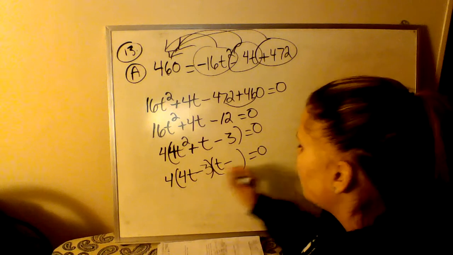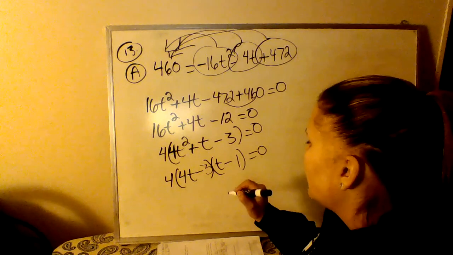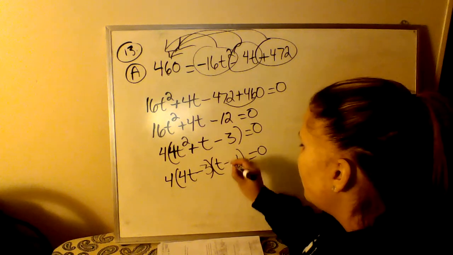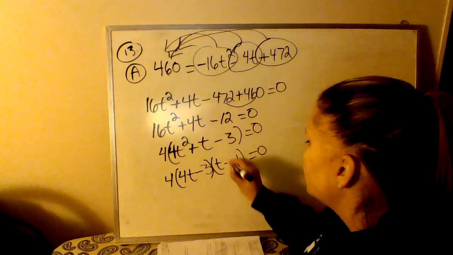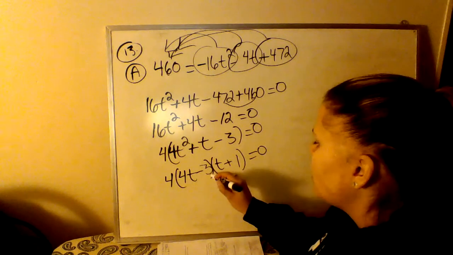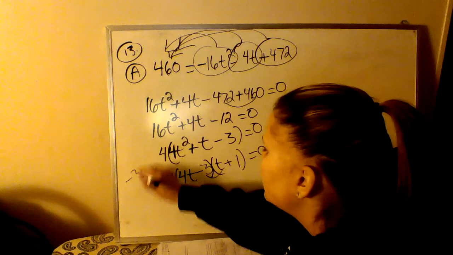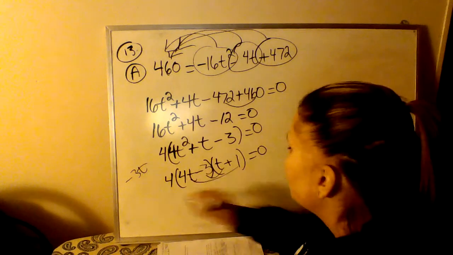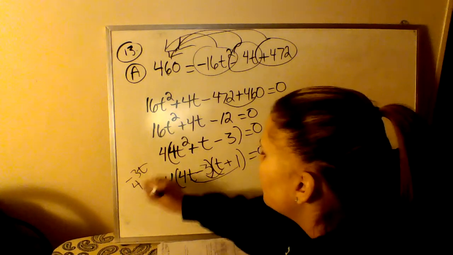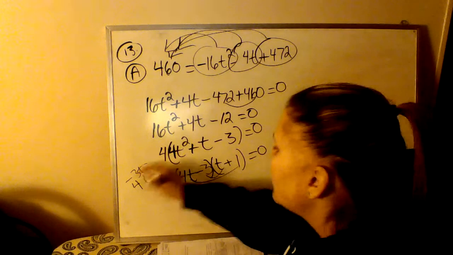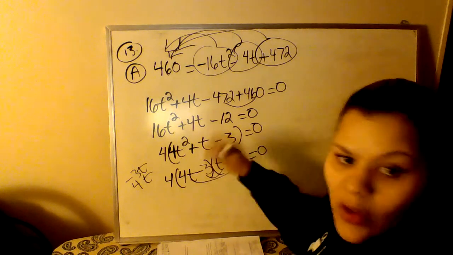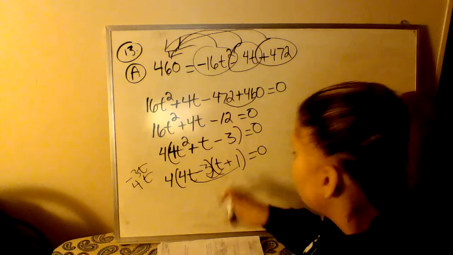So I do 3 over here and 1 over here. And because it's positive in the middle, the one that gives me 4 gets the plus. When I check these, my inner gives me negative 3t, my outer gives me positive 4t. So 4 minus 3 is 1, or 1t. That gives it back to me, so this is fine.